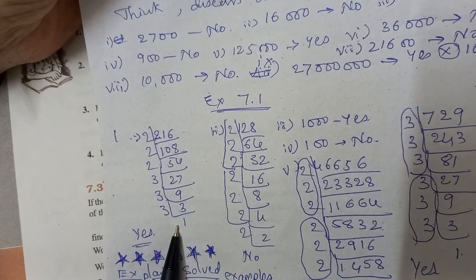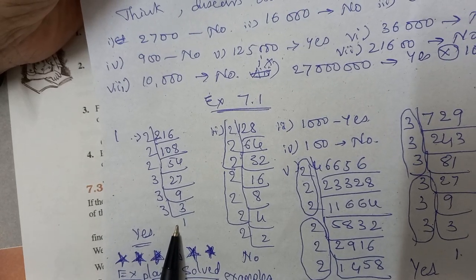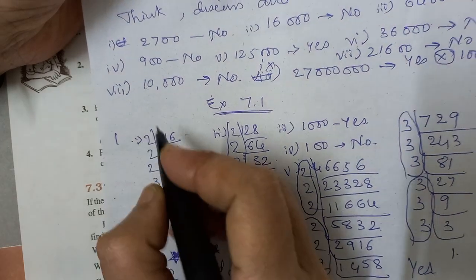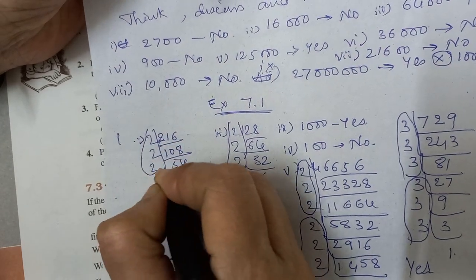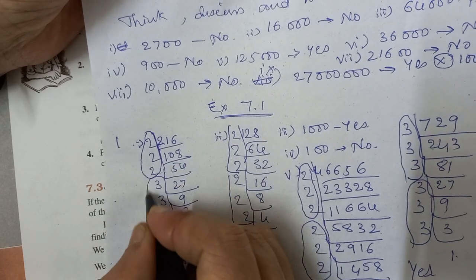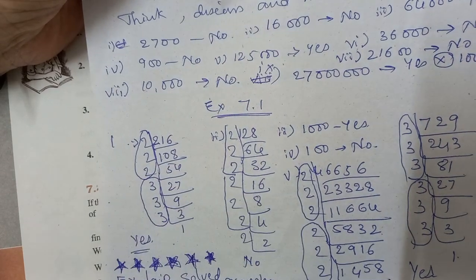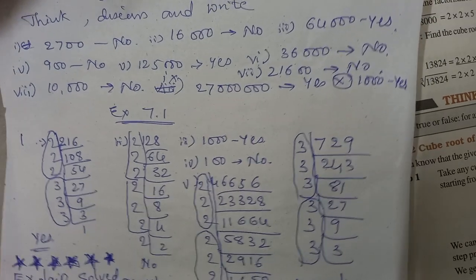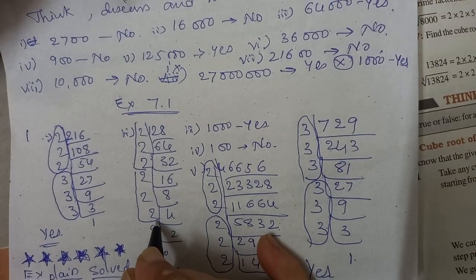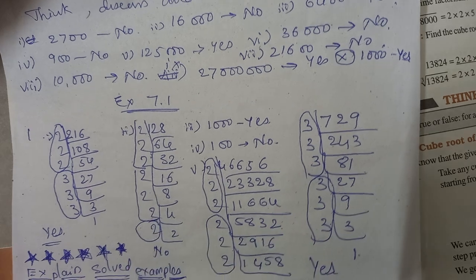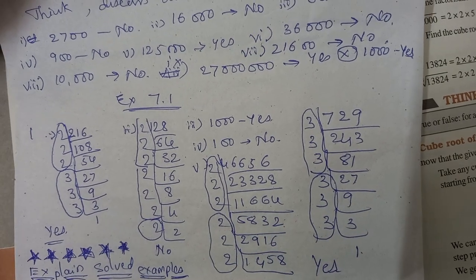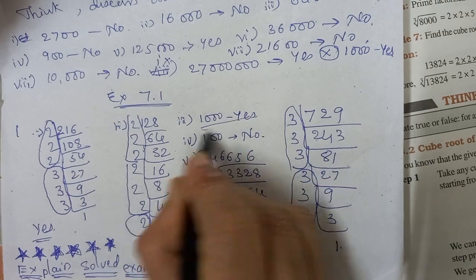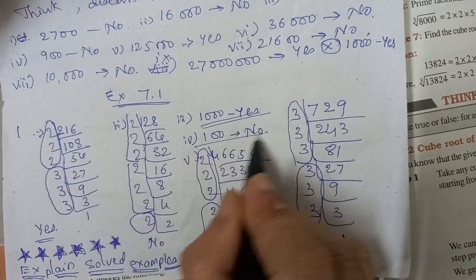Just check whether you also got the same prime factorization. It is a perfect cube. Here this is not a perfect cube because 2 is appearing only once. 128 is not a perfect cube, and the third one, 1000, is yes, and the fourth, 100, no.